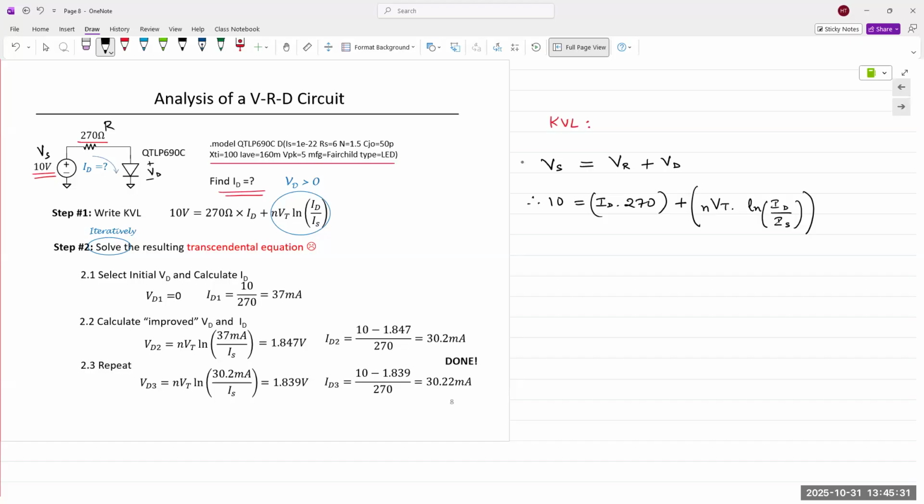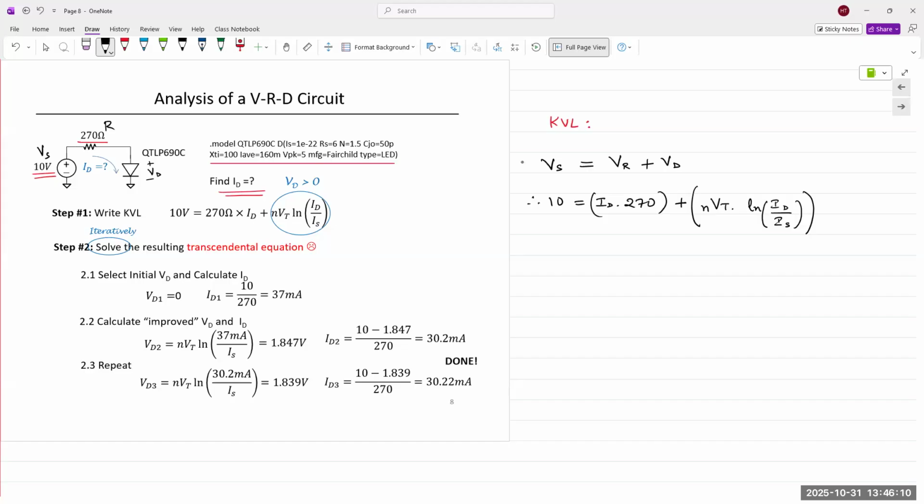We first pick a value, solve the equation, then we match the answer to our chosen value. If it matches, then our chosen value or assumption is correct. If it doesn't, then we go back to the top, change our assumption, and redo the calculation. At the end, we check whether our answer matches our assumption, and we keep repeating the iterations until our answers match up with our assumptions.